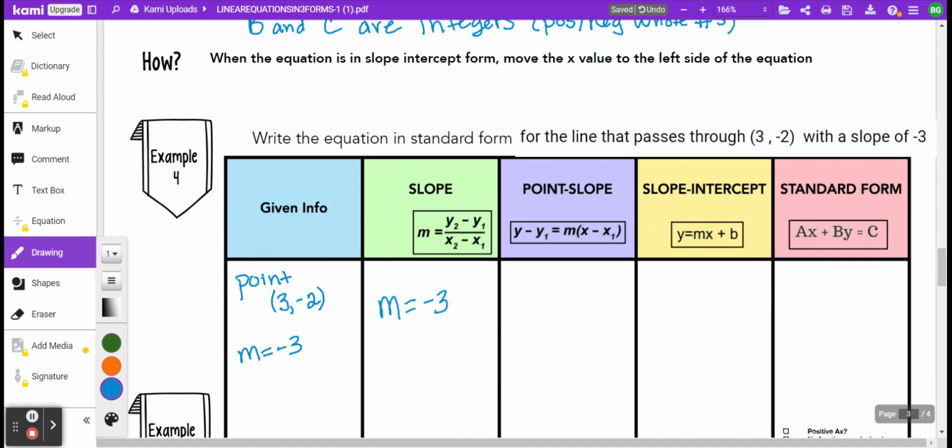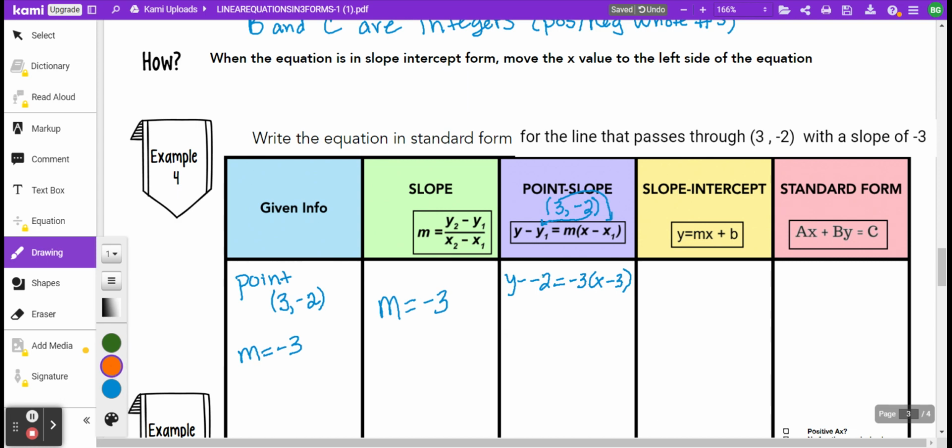And then plug in that point slope information. So in this case, we had 3, negative 2. I want that x value to come in for x, y value for y. So if I say y minus my y value of negative 2, my slope was negative 3 times x minus the x value of 3.